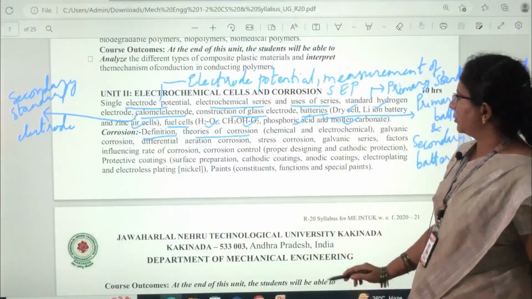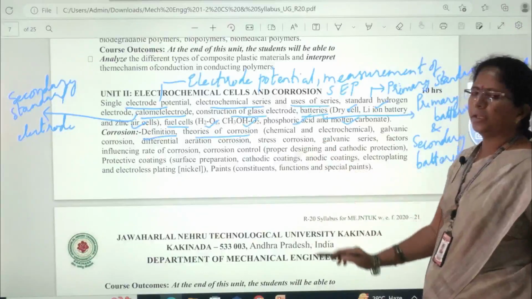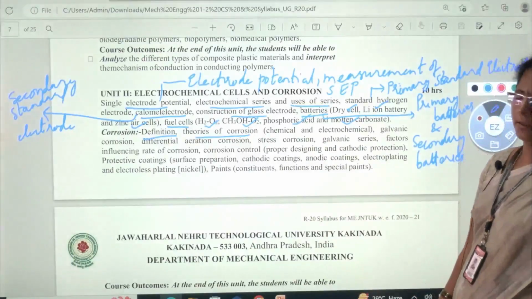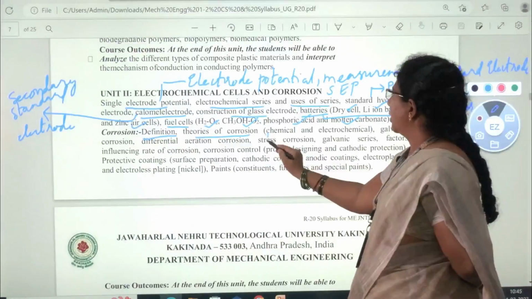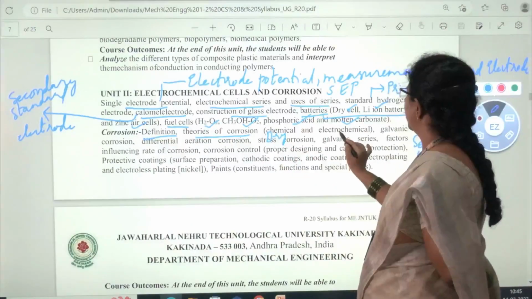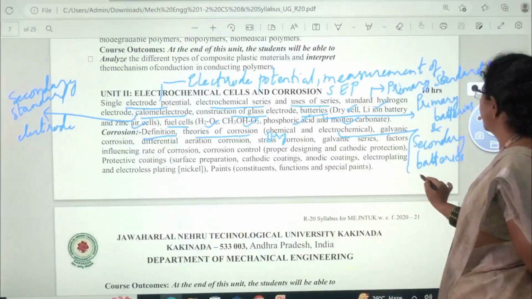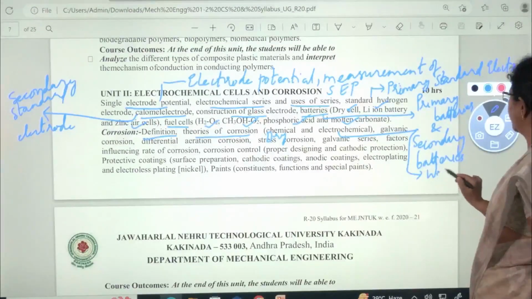In theories of corrosion we will discuss about chemical theory and electrochemical theory. That means here this chemical corrosion can also be called as dry corrosion, and this electrochemical corrosion can also be called as wet corrosion.